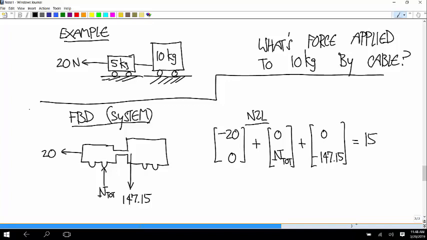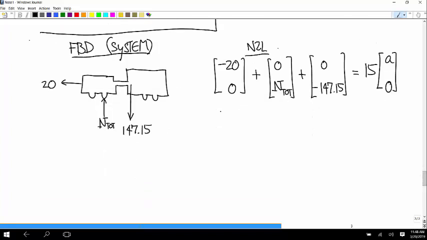What do we know about the motion? It's horizontal, so it's along the x-axis, so we'll just write that as a, 0. Even though we can easily see in this case that the acceleration is going to be negative, that negative will just come out on its own. So y, we don't care about that. The equation says negative 20 is equal to 15a.